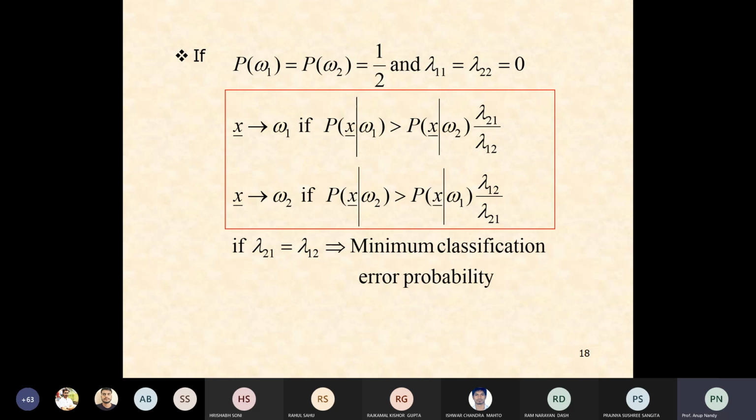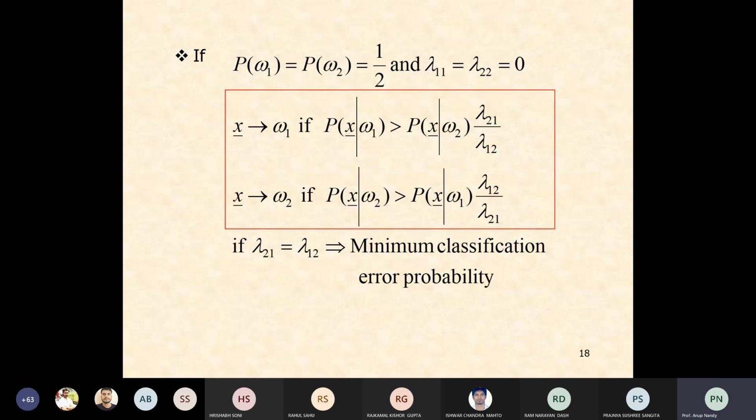Otherwise it is 0 λ12 and λ21 0. If misclassification of patterns that come from w2 is considered to have very serious consequences, then you could choose λ21 greater than λ12. Now this pattern is assigned to class w2.